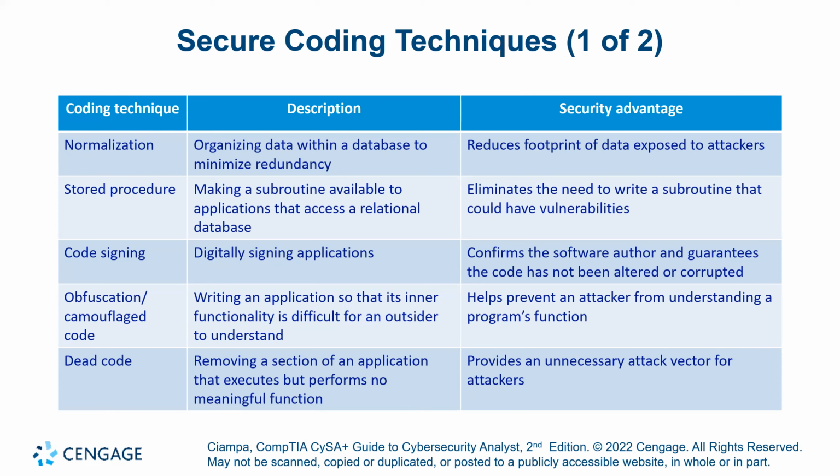Code signing: digitally signing applications confirms the software author and guarantees that the code has not been altered or corrupted. Obfuscation, or camouflage code: writing an application so that its inner functionality is difficult for an outsider to understand. Helps prevent an attacker from understanding a program's function. Dead code: removing a section of an application that executes but performs no meaningful function. Provides an unnecessary attack vector for attackers.